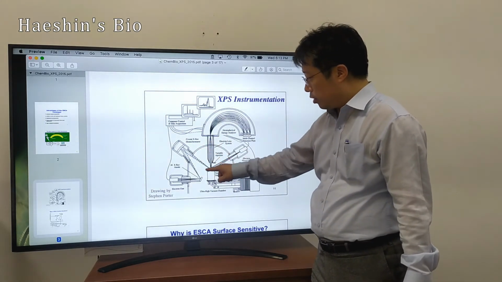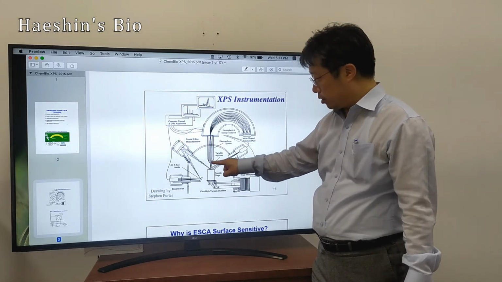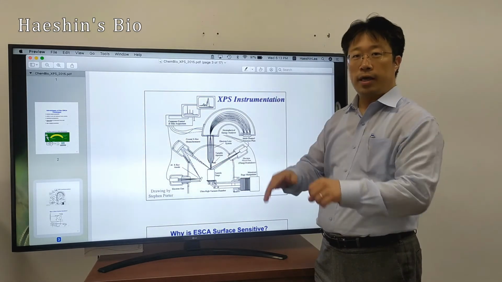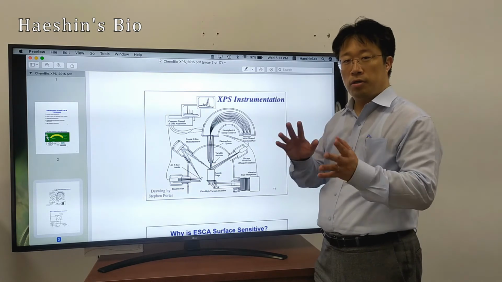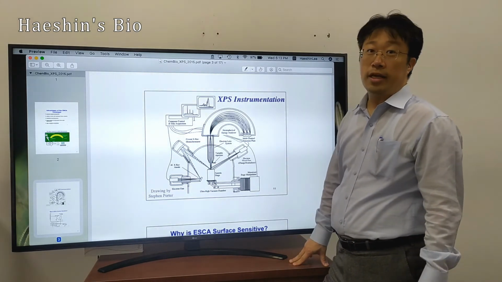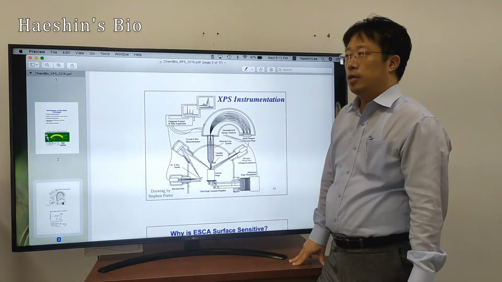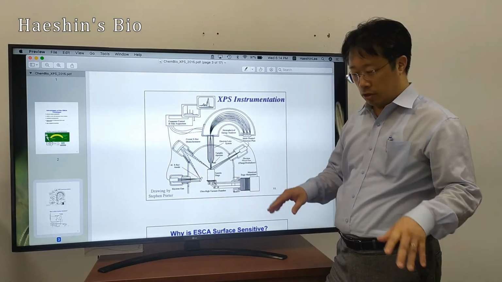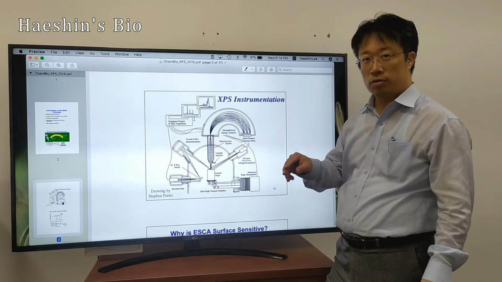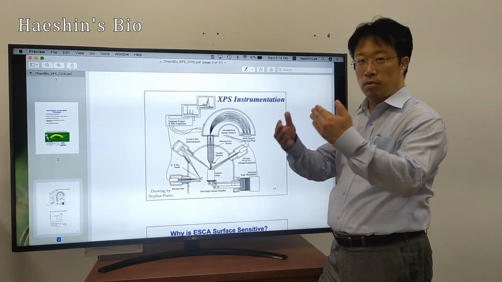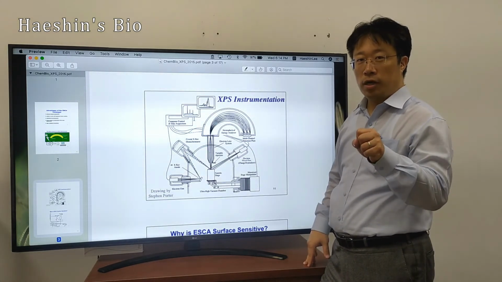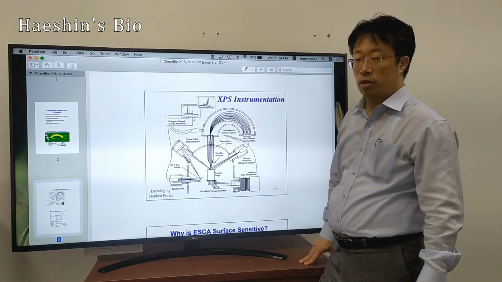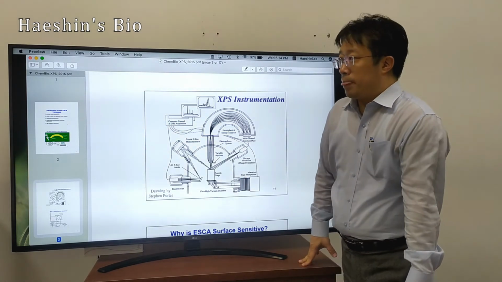Because if there are a lot of gas molecules, then the electrons are hit by the gas molecules, and then the kinetic energy, which is what we measure through this instrument, would be changed. So there should be no gas molecules, otherwise that increases the probability for the photoelectrons to be hit by them.